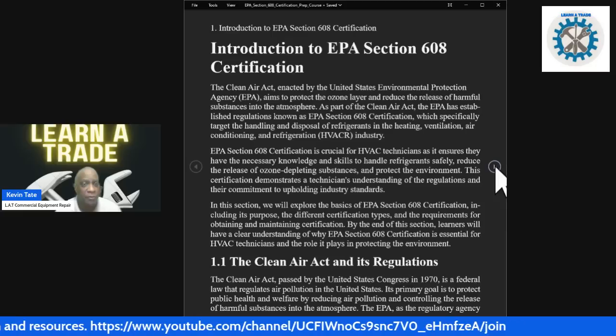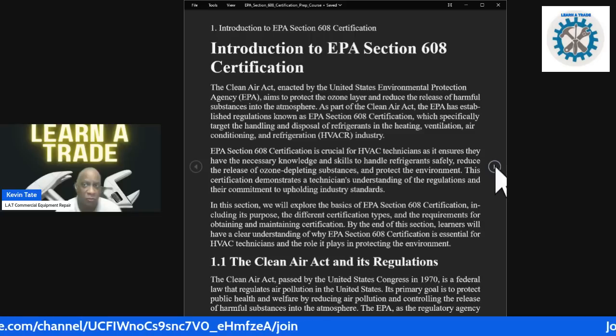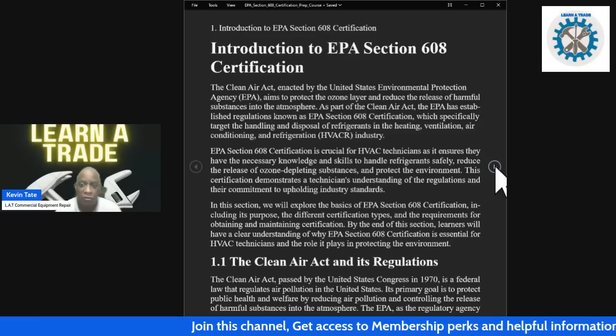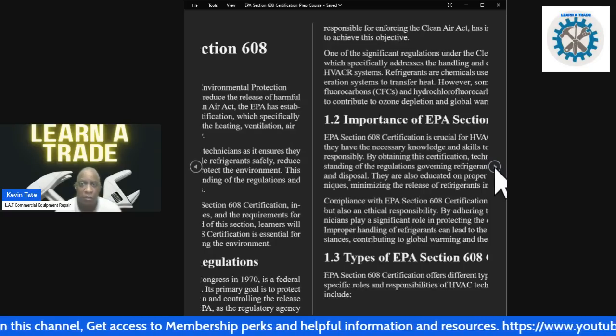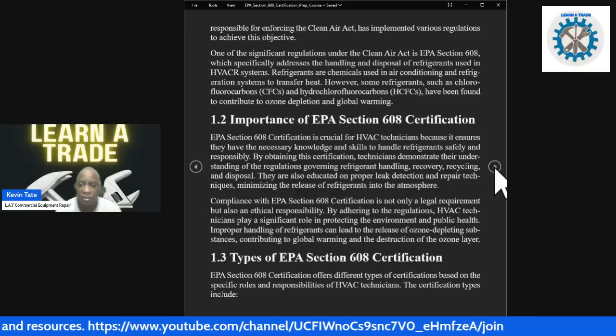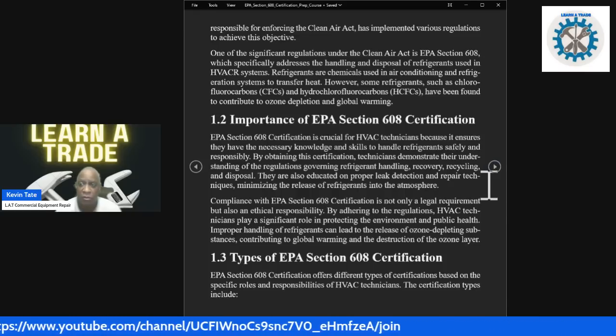So let's start off with it. It starts off with an introduction to EPA Section 608 certification. And that's getting into the Clean Air Act and the regulations, the importance of EPA Section 608 certification, types of EPA certification.